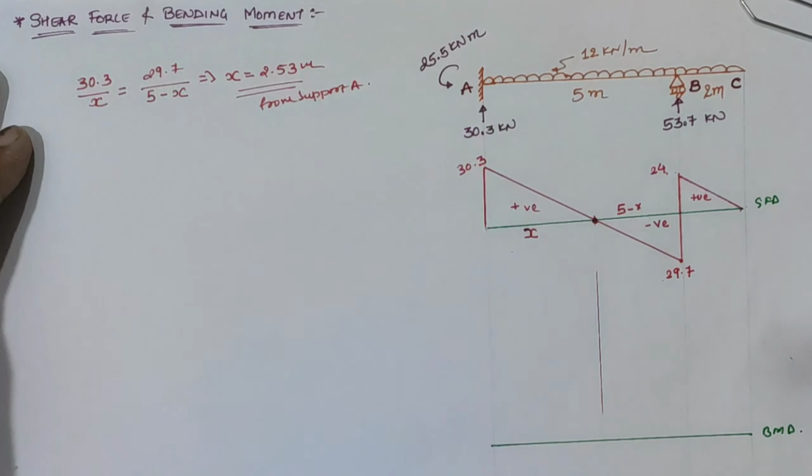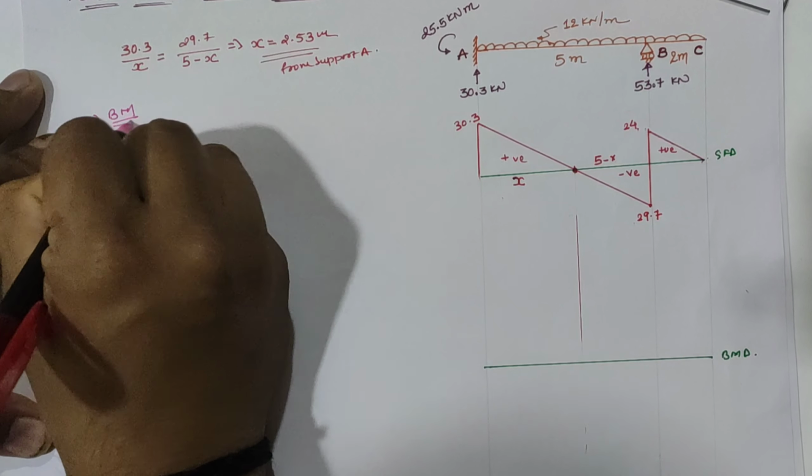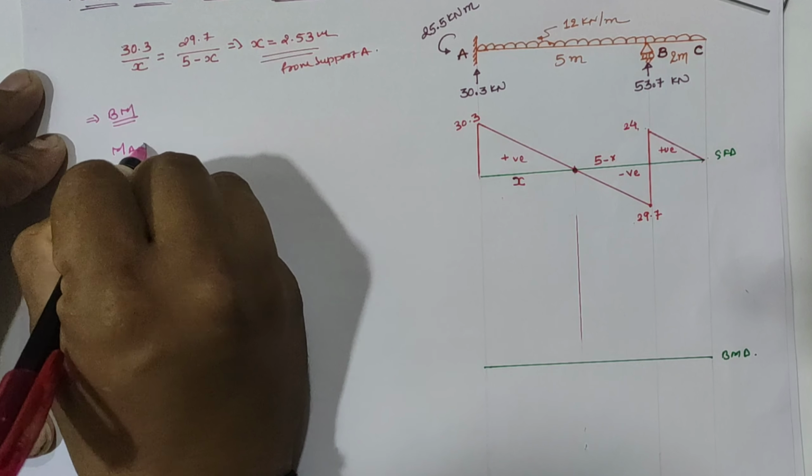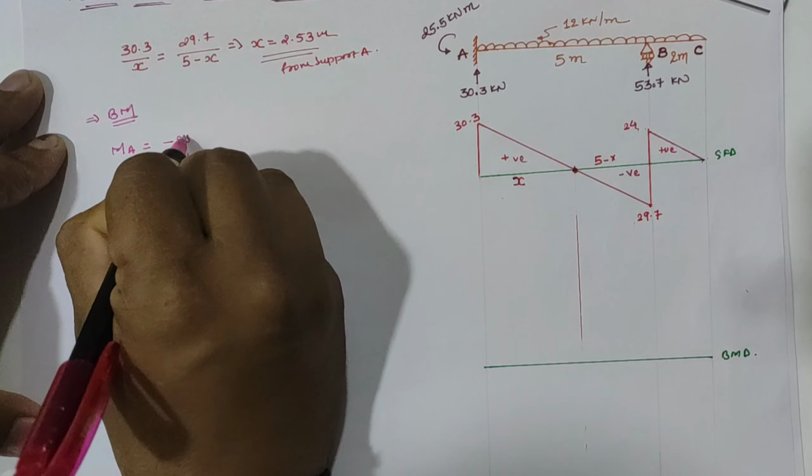Now if we go for the bending moment calculation, then at location A our value is minus 25.5.